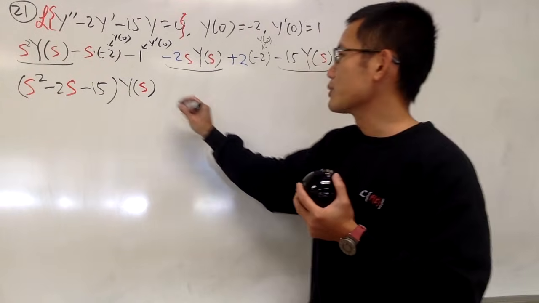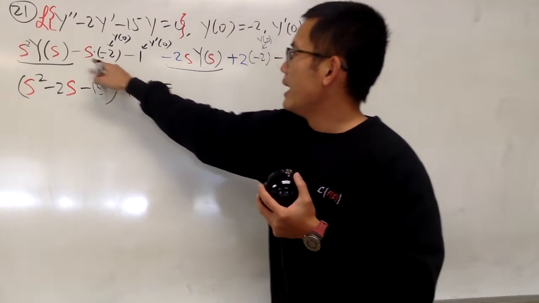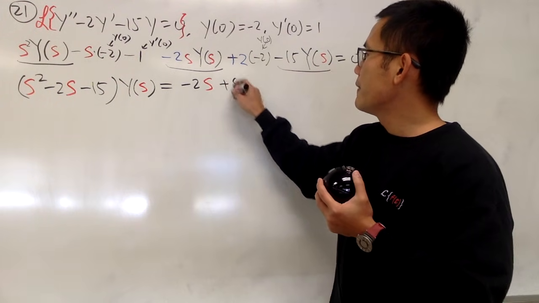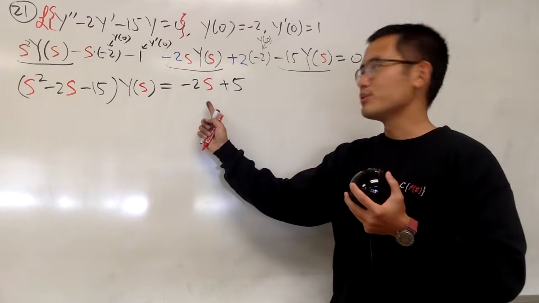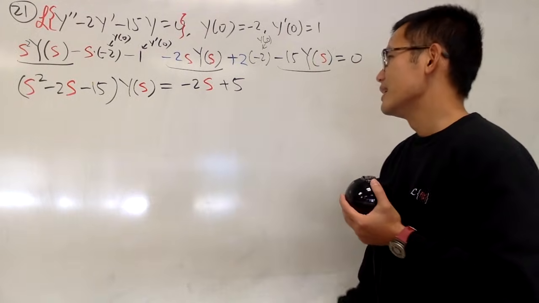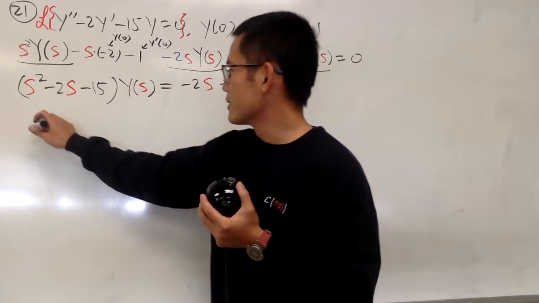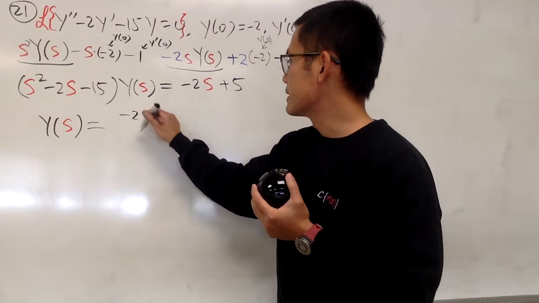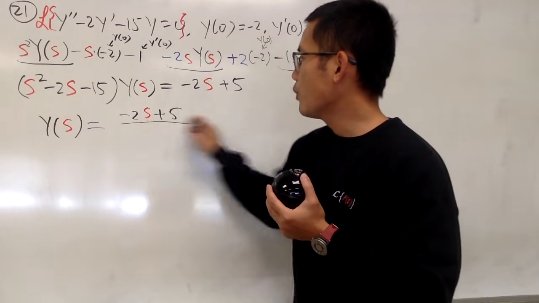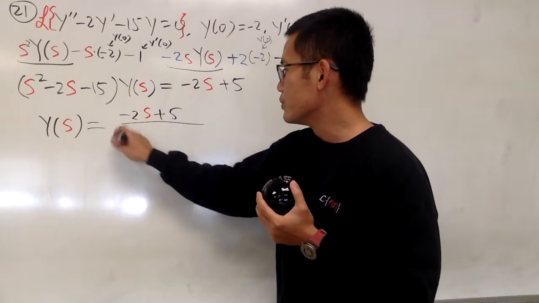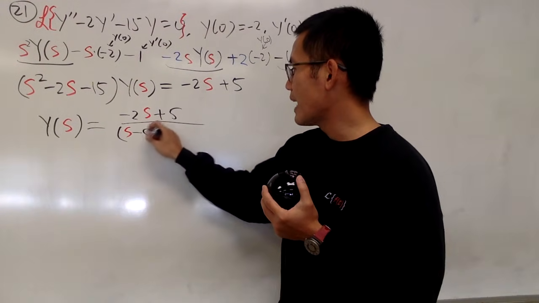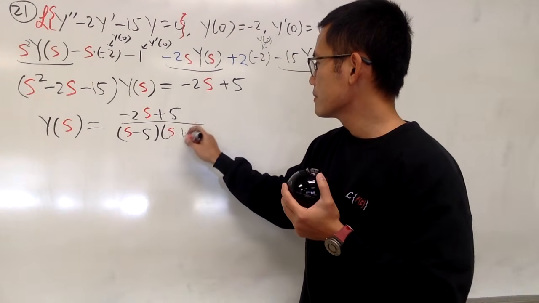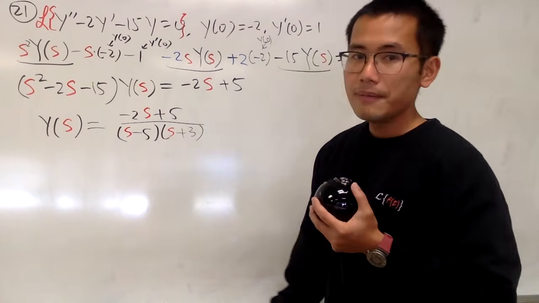Put it to the other side, so it becomes 5. And so we have negative 2s plus 5. Now see, this is why I had to write the s and 5. Anyway, I'll stop. All right, so this is y of s equals negative 2s plus 5 over that, factored out already, which is s minus 5 times s plus 3, like this.